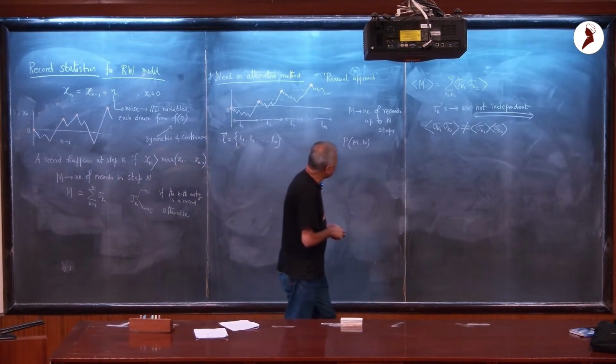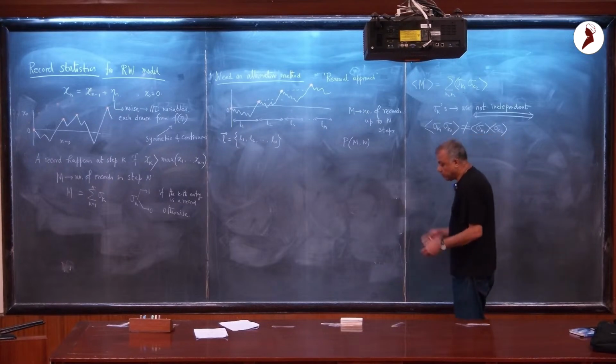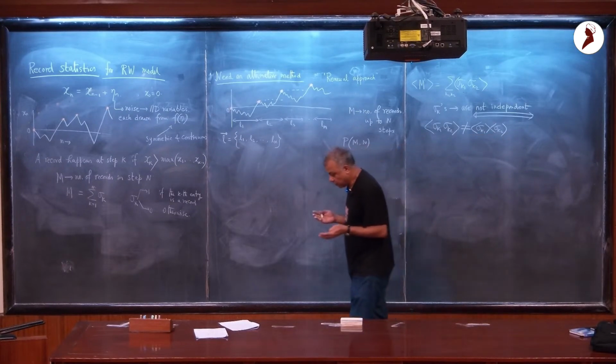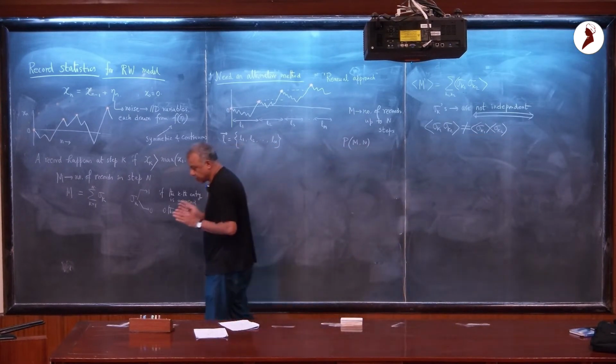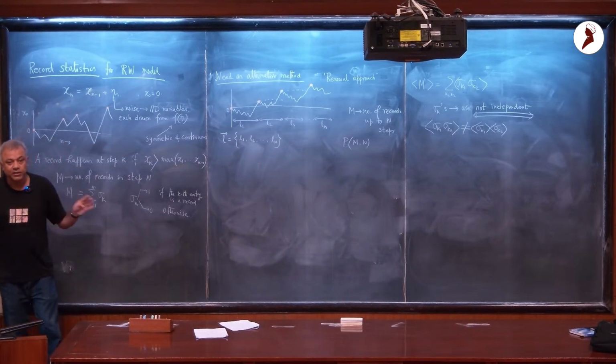It so happens in physics that often, in many problems, you have to identify the right set of variables. So sometimes it pays to make the question more complicated. You are looking for the statistics of M, but maybe there's some simplification if you look at a bigger, more complex object.